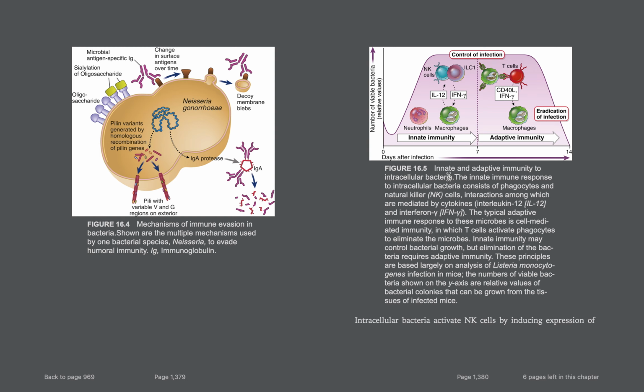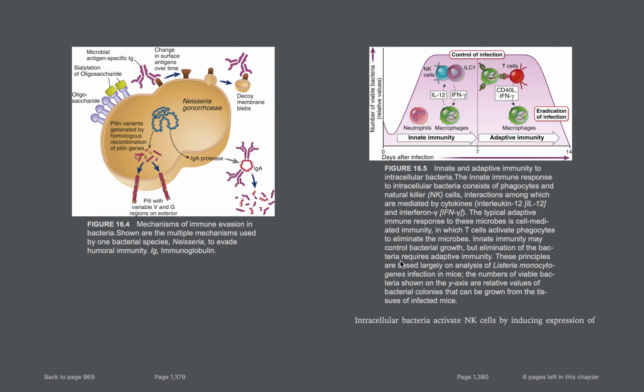Control of infection. This is innate and adaptive immunity to intracellular bacteria. The innate immune response to intracellular bacteria consists of phagocytes and natural killer cells, interactions among which are mediated by cytokines, interleukin 12 and interferon gamma. A typical adaptive immune response to these microbes is cell-mediated immunity, in which T cells activate phagocytes to eliminate the microbes.